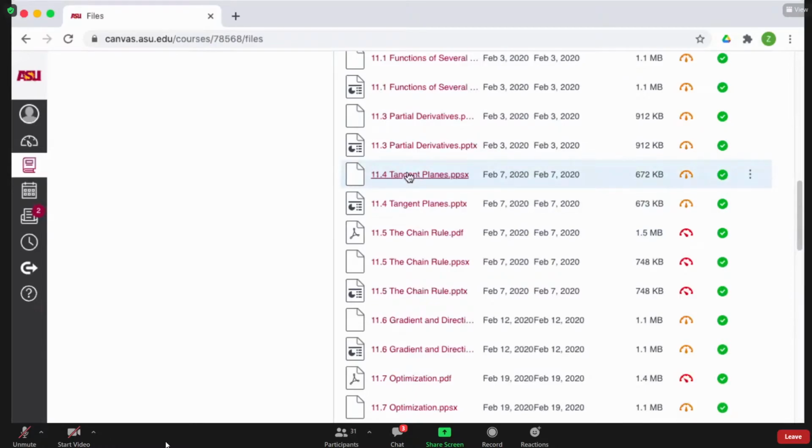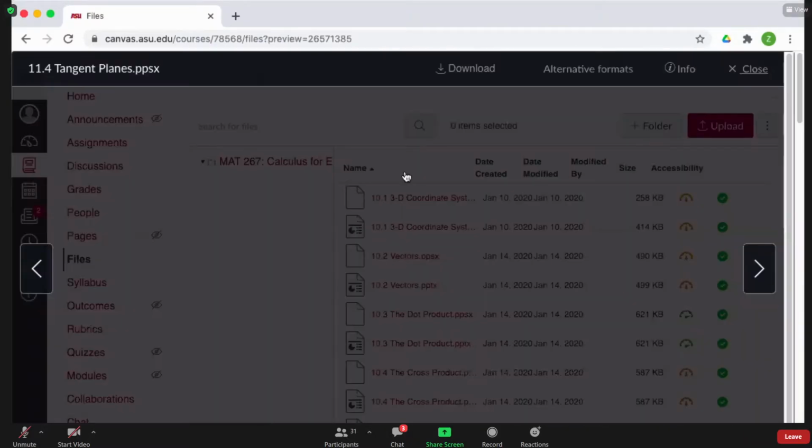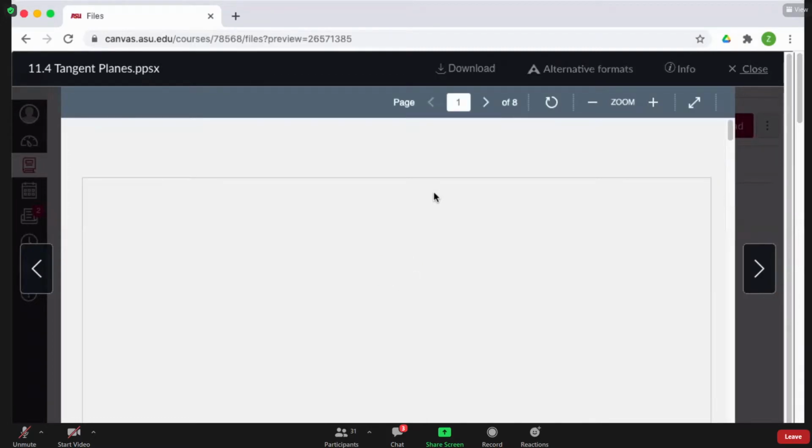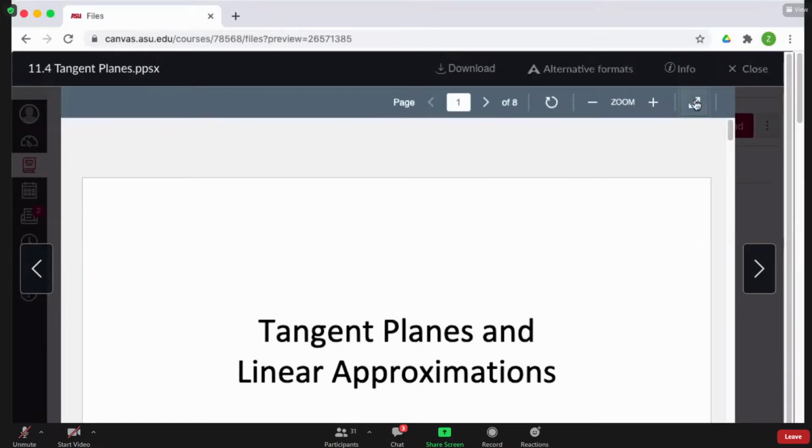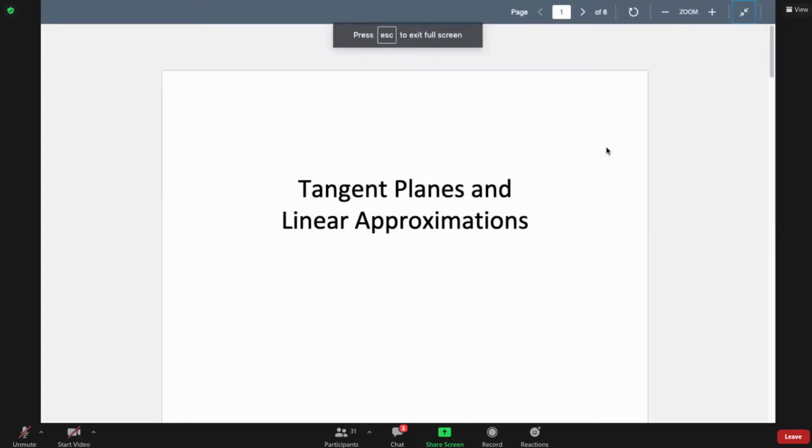We did one page last time, so let's continue. So tangent planes. Again, I will ask the usual question. Can you see? Yes. These slides, right, okay.